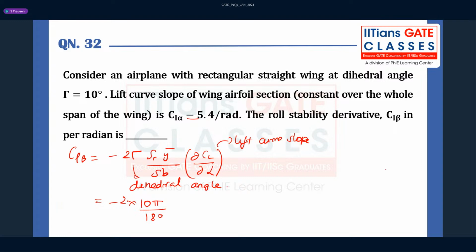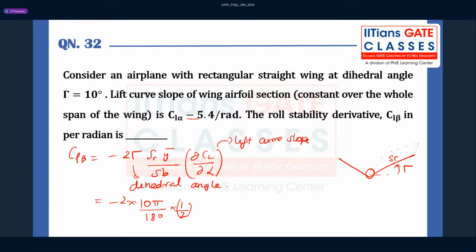S gamma by S: rectangular straight wing is what is given. S gamma is basically the area of one half of the dihedral wing, and S is the total, so this has to be 1 by 2, from the given information.